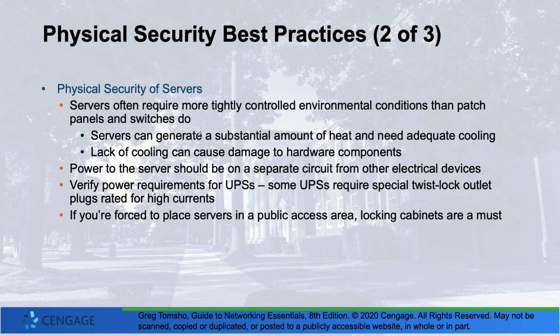So you need to make sure that if the power goes out, the UPS sends a signal to your server and shuts it down correctly so that we don't have data corruption. Once we have data corruption, it's really hard to remove and get rid of. Remember, if you don't have a separate room for your equipment, locking cabinets are a must.